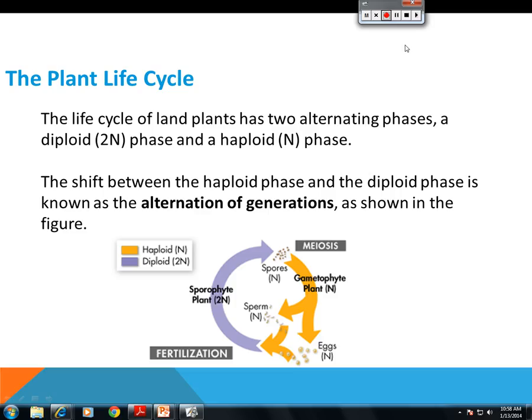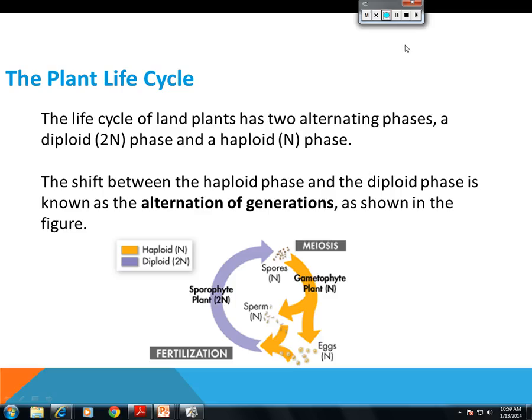Okay, so the color gives you an indication here. The sporophyte is what we refer to as that diploid phase. The sporophyte is, remember, going to produce those tiny little spores. Okay? So when you see the spores, that would be referred to as the sporophyte phase of that plant. A particular plant is going to go through a sporophyte phase.